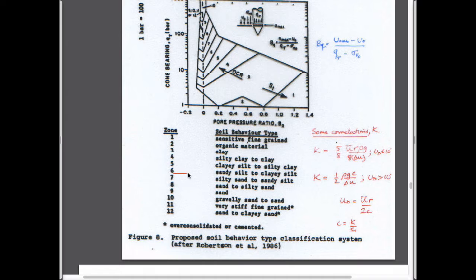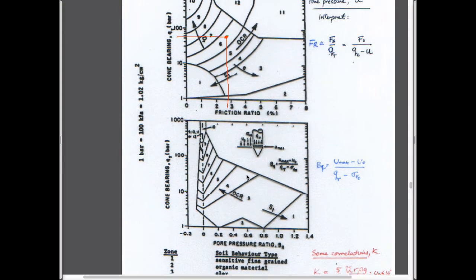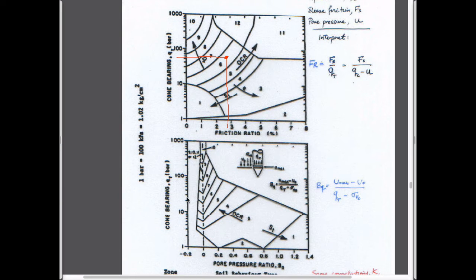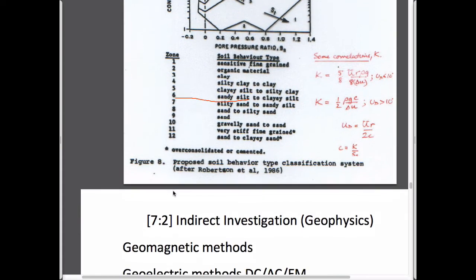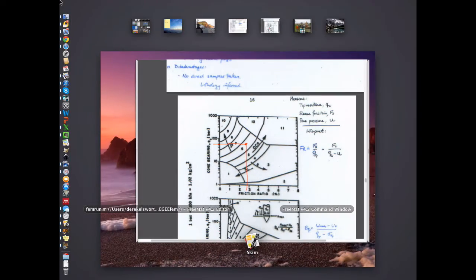In this particular case, it says that is sandy silt to clay silt. So you know something about the materials. You can also use the pore pressures to directly figure out the profile of permeability in these soils as you go into the subsurface. So that's become quite a popular way of doing site investigation.